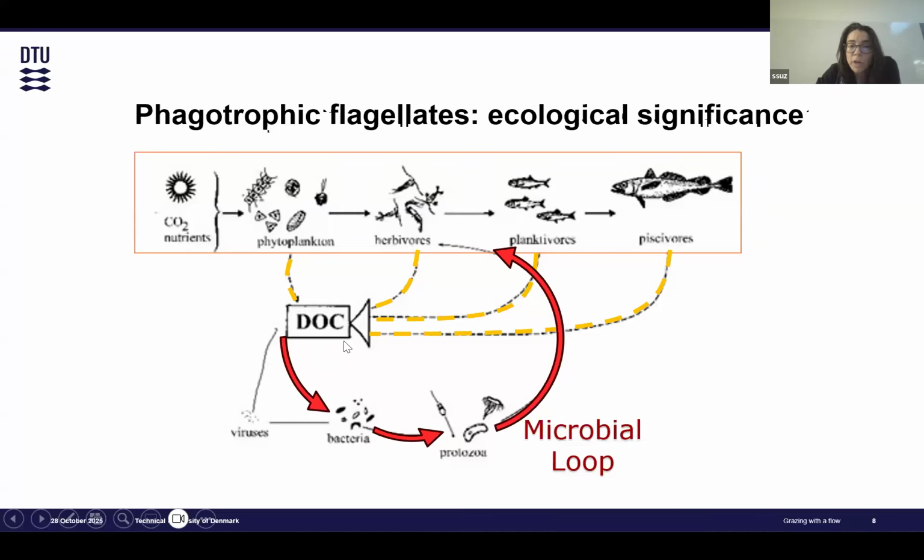So all this dissolved organic matter is consumed by these bacteria, and then the mainly phagotrophic flagellates are going to be feeding on these bacteria, and at the same time are preyed upon by bigger zooplankton, which is returning this energy that otherwise would be lost back into the main food chain.